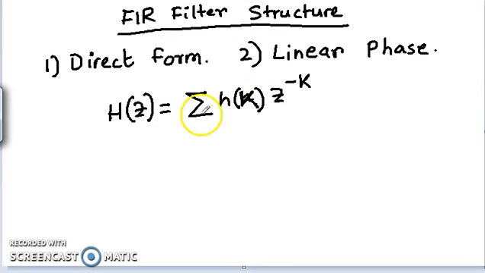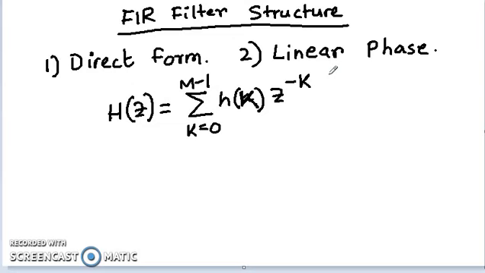the FIR filter, and k ranges from 0 to M. Or if we want the order of the filter to be M, then I have to consider it as M minus 1. If I take k from 0 to M, the total number of values of the impulse response becomes M plus 1.